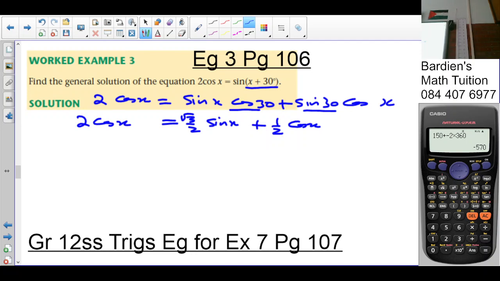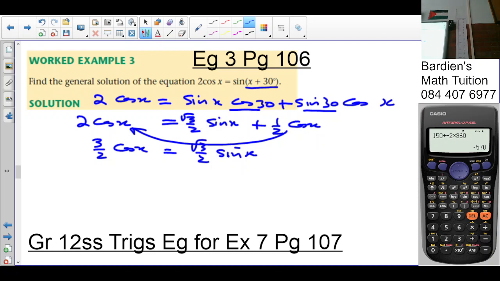As you can see, it's not a quadratic equation. So what I do is I take like terms to one side and constants on the other side. So you will have 2 cos x minus half cos x, which is going to give you 3 over 2 cos x is equal to root 3 over 2 sine x. So what do you think we're going to do now? We know that sine over cos is tan.